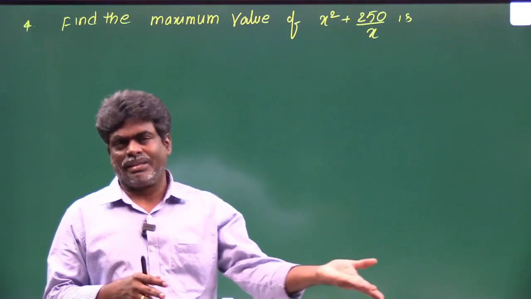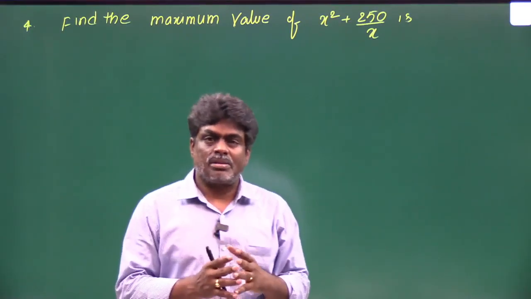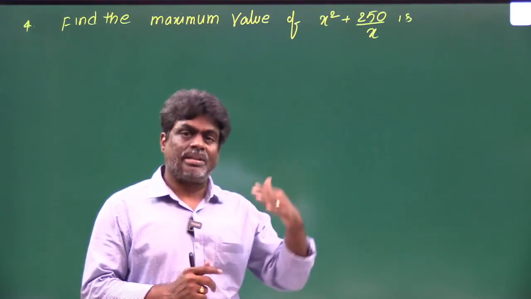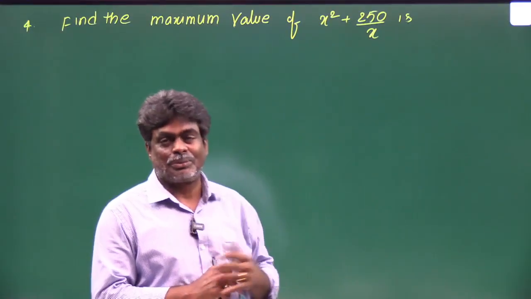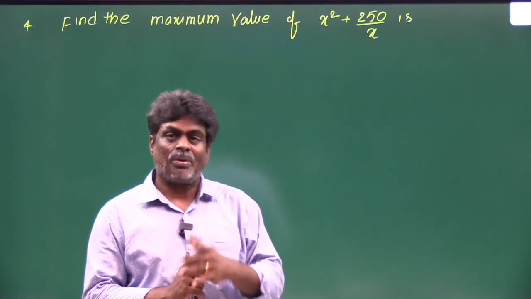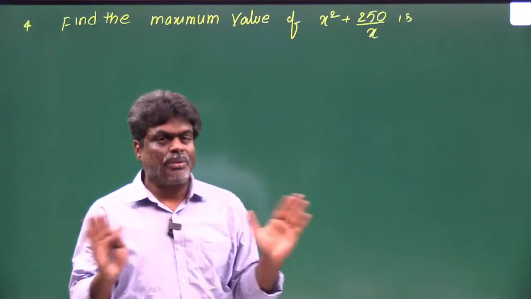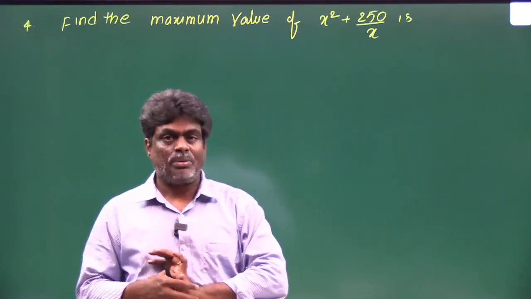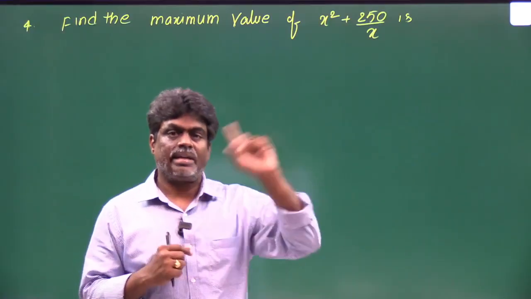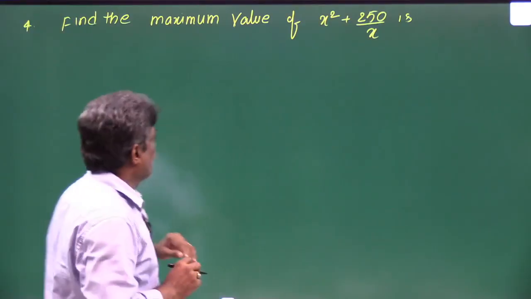He is already asking that value only. So my advice, don't waste your time checking. Just find the first derivative, equate to 0, get the x value and substitute. That's it.